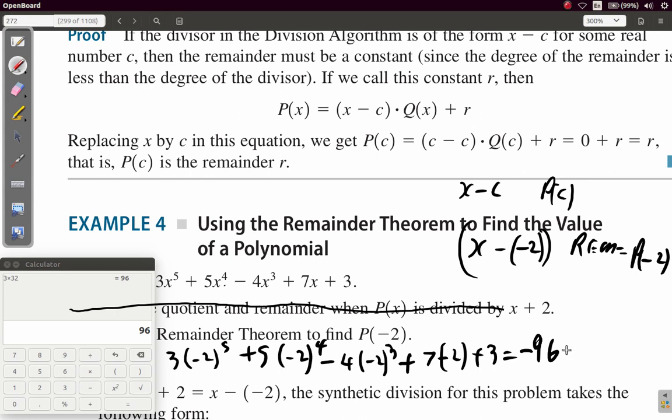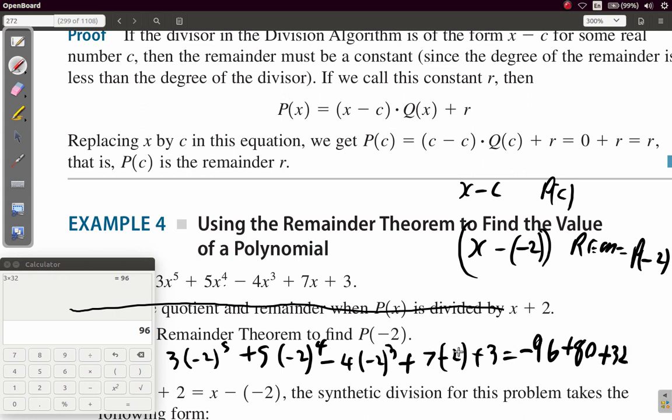So this is plus 80, minus, now negative 2 cubed will be negative 8. So 4 times 8 is 32. It's minus negative 32, which is the same as plus 32.